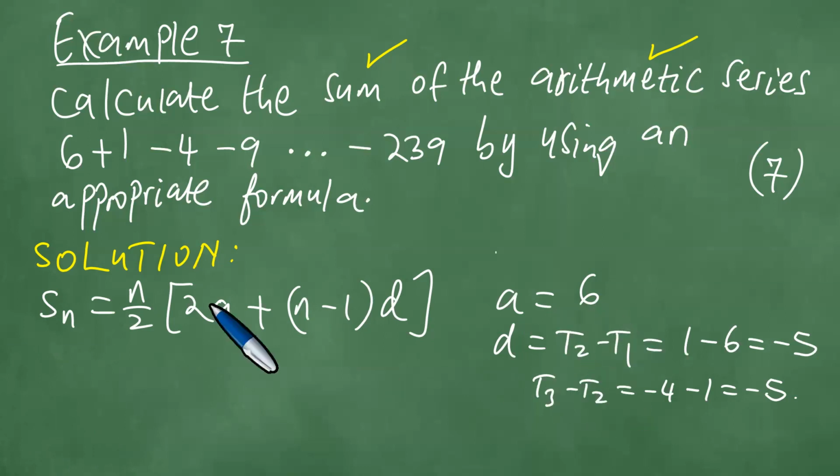We know A, we know D, but we don't know N. How many terms are there? For us to find the sum, we must know how many terms there are, because in the summation formula there is N, there is A, there is D. We know A is 6, we know D is minus 5. But what is N? So we must find the number of terms. So we're going to use Tn.